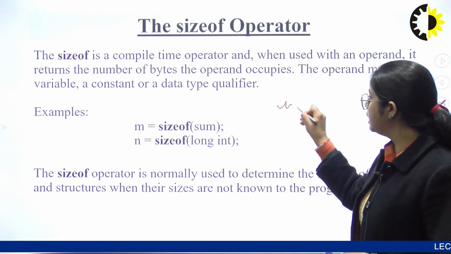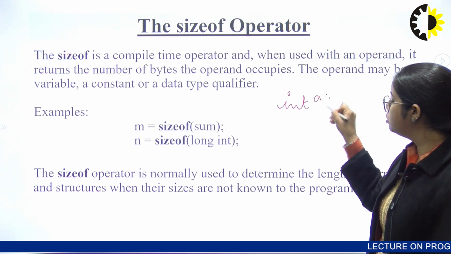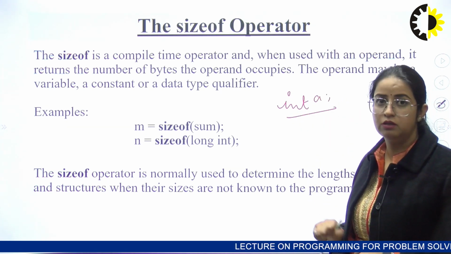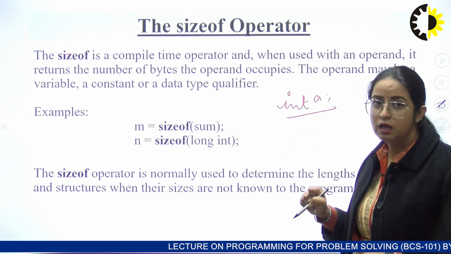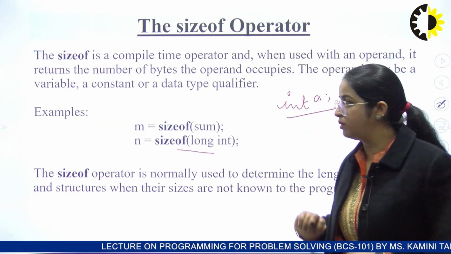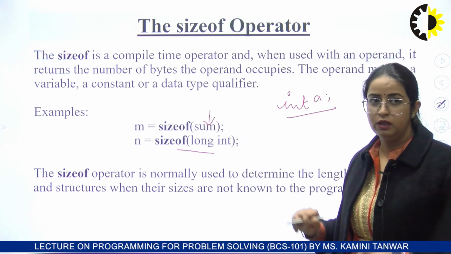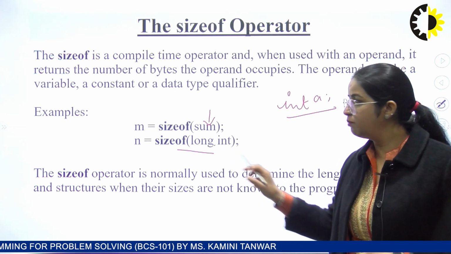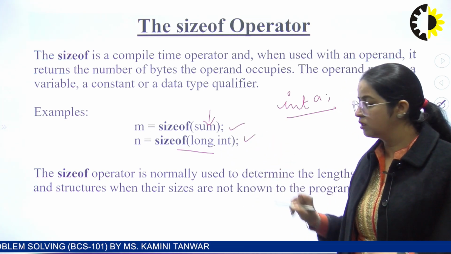Suppose you use int a, and I want to calculate the size of this data type, then we use the sizeof operator. You can give the variable here, or you can directly give the type.